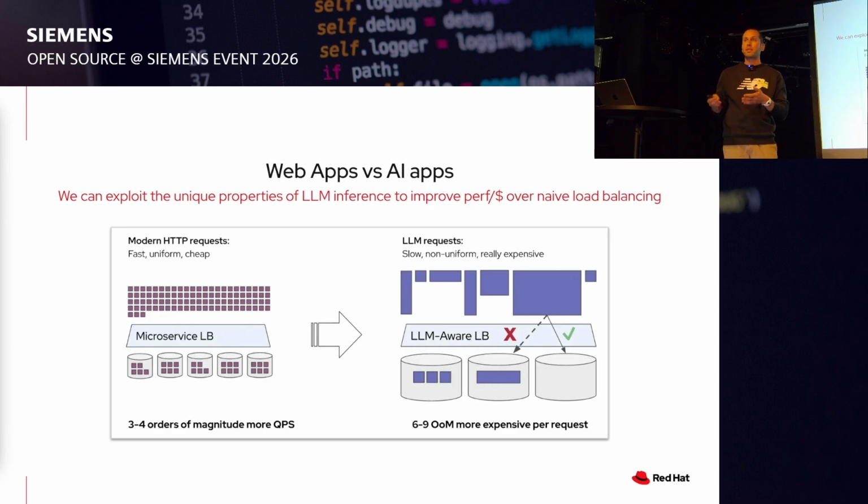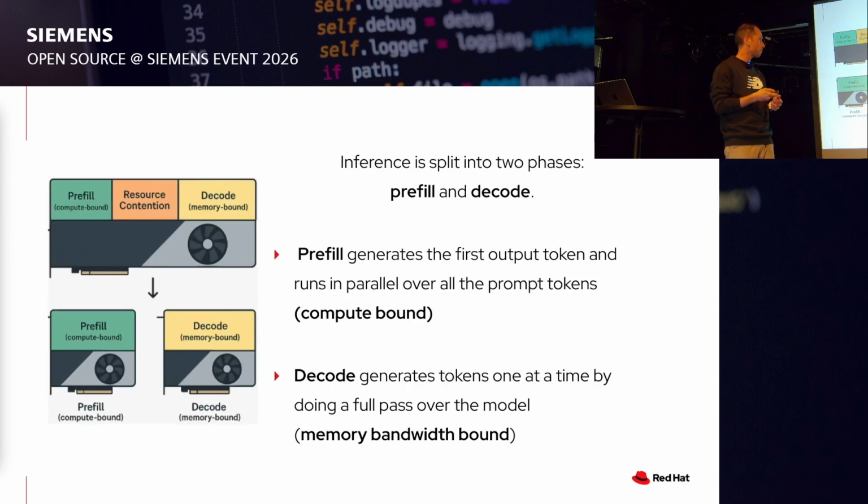So every performance gain that you can get is very important here. If this is not enough to convince you that we need a new type of load balancer that is aware of LLMs, we need to talk about a fundamental concept in LLM serving, which is inference.